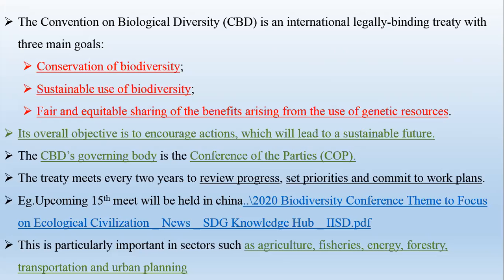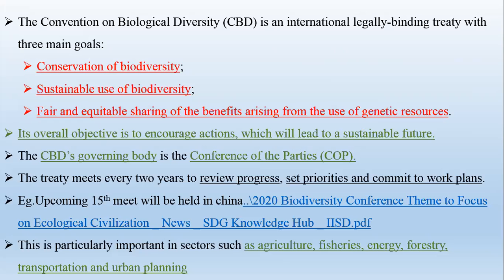Then fair and equitable sharing of the benefits arising from the use of genetic resources. So here it is also one of the important goals of the Convention on Biological Diversity. From different parts of the world, there are a number of biodiversity regions where important species of plants and animals are found which have some unique properties.